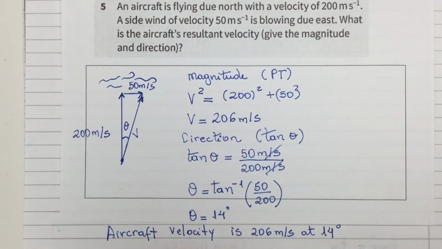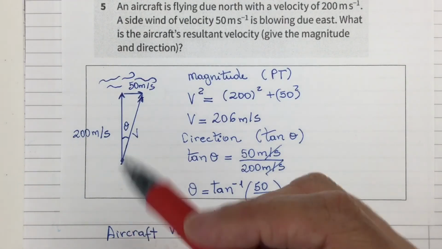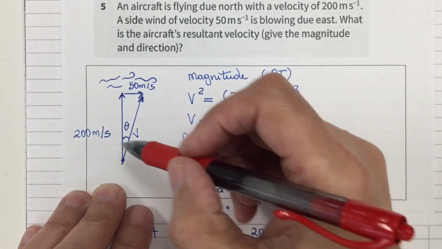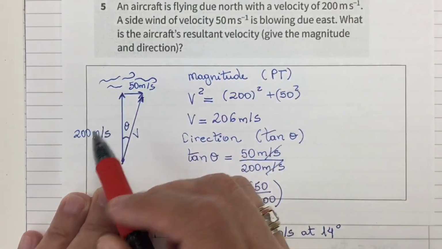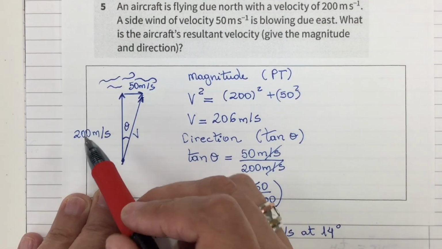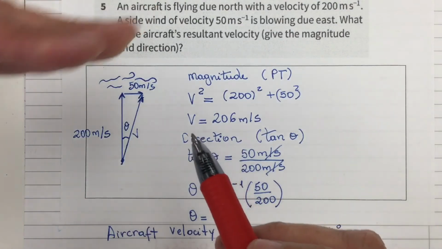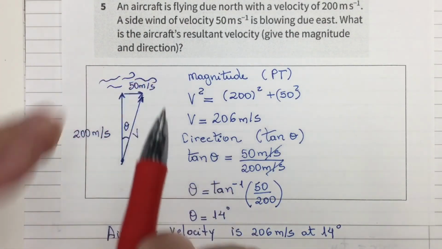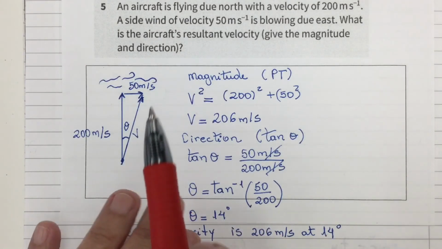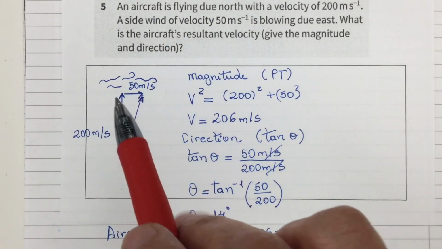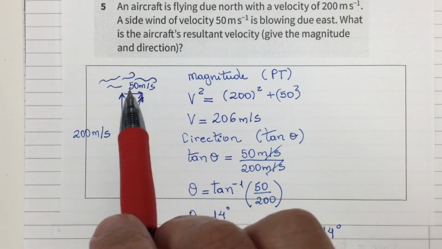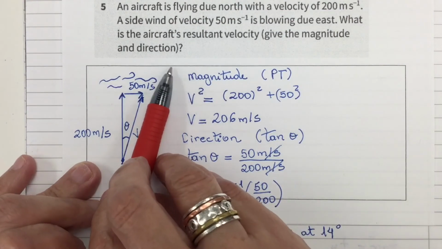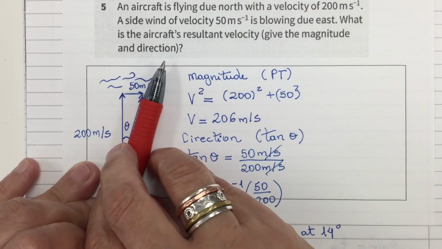So here I'm showing you all the work that I did, but I'm going to explain from the beginning. The aircraft is flying due north with this velocity. There is a wind that is making the aircraft shift its direction a little bit. The wind is at 50 meters per second. So what is the resultant velocity of this aircraft?